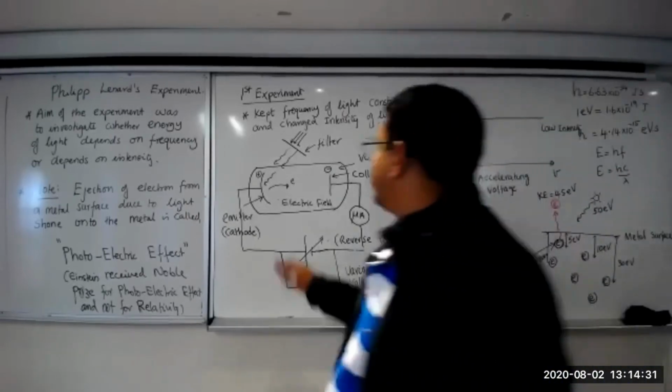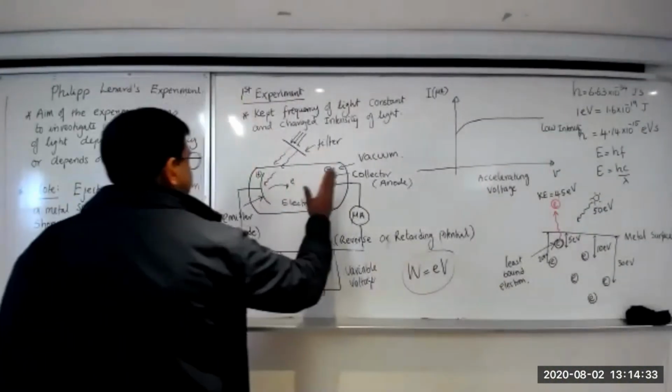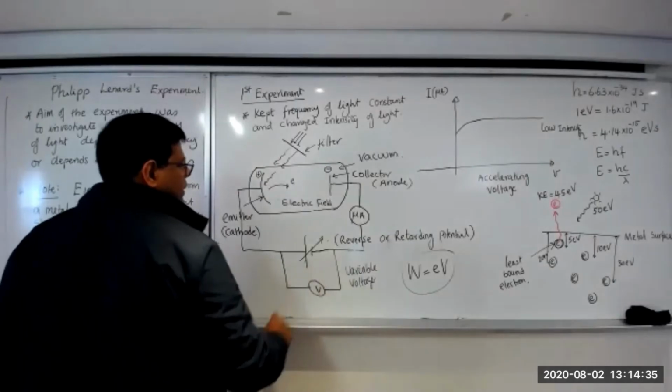Now, I am going to stop preferentially these electrons by applying a reverse potential.